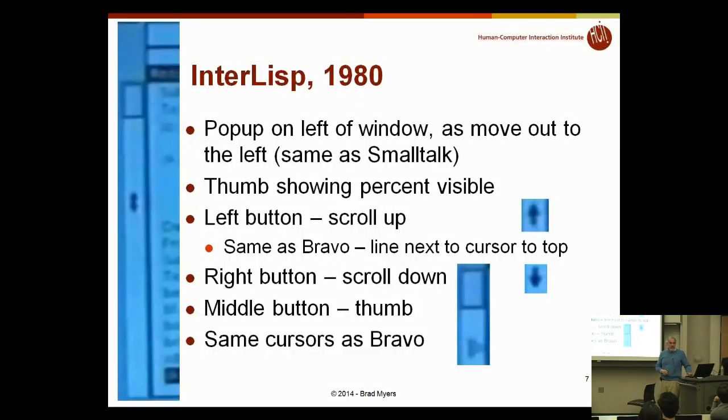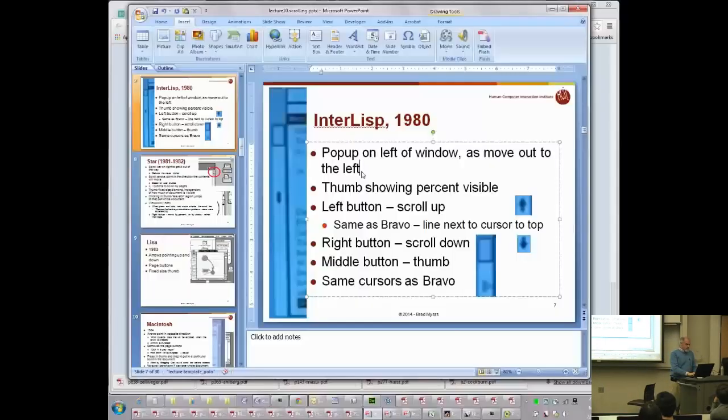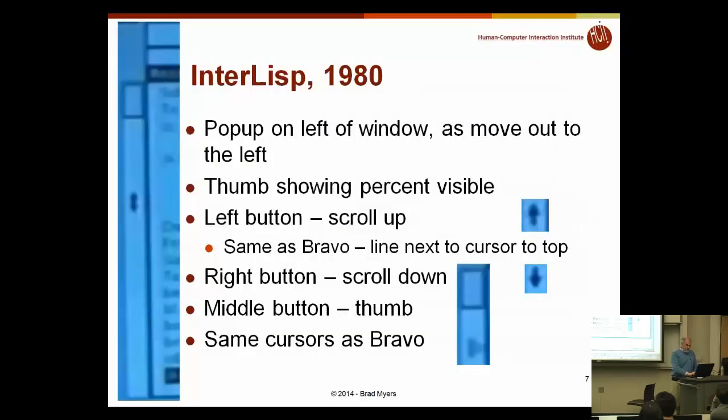Okay, going back to the Xerox systems, we were looking at Smalltalk, and again, InterLisp was another environment that they built at Xerox PARC. Again, that had a pop-up window on the left. But this one, actually that's incorrect, instead of being there all the time on the focus window, in Smalltalk, whenever the window had focus, the scroll bar was there.